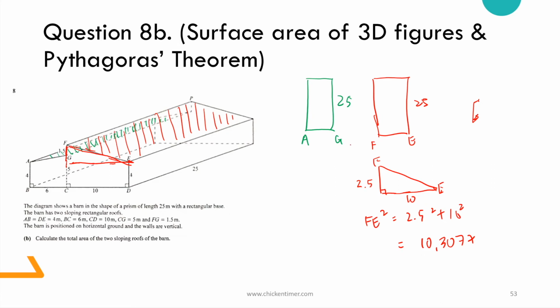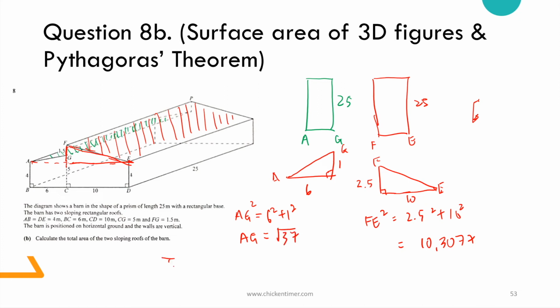AG will be to use this. So you have another triangle here. So this is 1 and this is 6. So AG squared will be 6 squared plus 1 squared, square root 37.